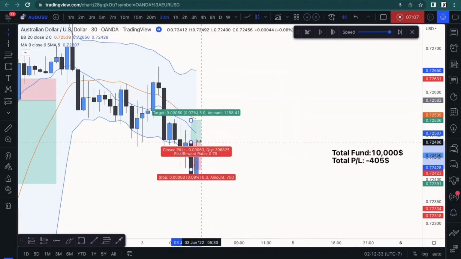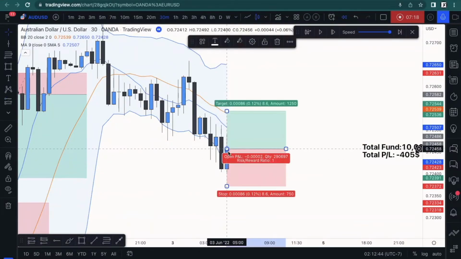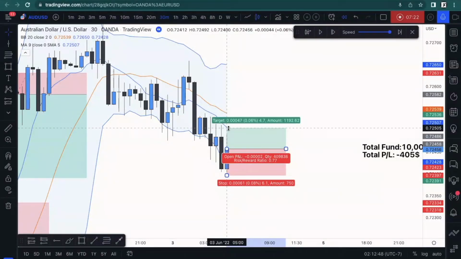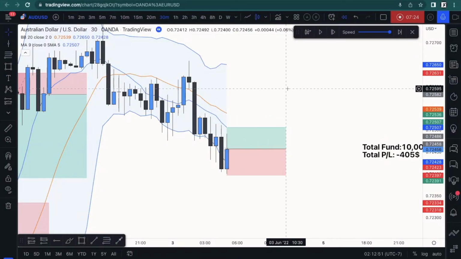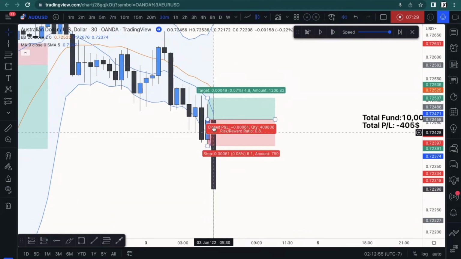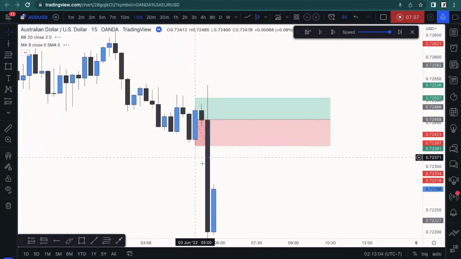So let's just wait, and I think this is ready for another setup because this candle closes outside and then again closed inside. So this is going to be our next entry. Stop loss below and take profit at the moving average. Okay, I'm not sure whether it hit our TP first or the stop loss first, so I just moved to a lower time frame to confirm.